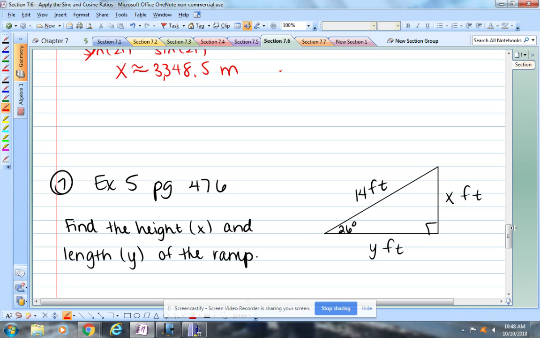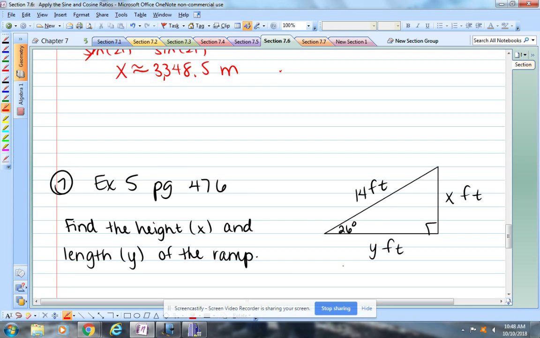It says you want to build a skateboard ramp with a length of 14 feet. So that means the hypotenuse is 14 feet. And an angle of elevation, so that's looking up from the ground, of 26 degrees. You need to find the height and the length of the ramp.